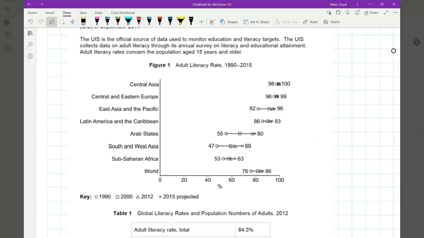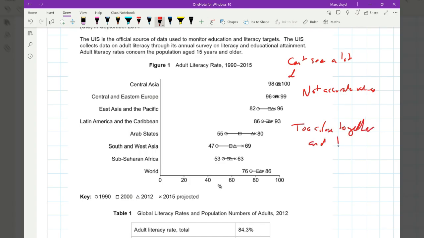The first thing, you can't see a lot in Central Asia. You can't work out the values very accurately, so they're not accurate values. They're too close together, and they overlap.